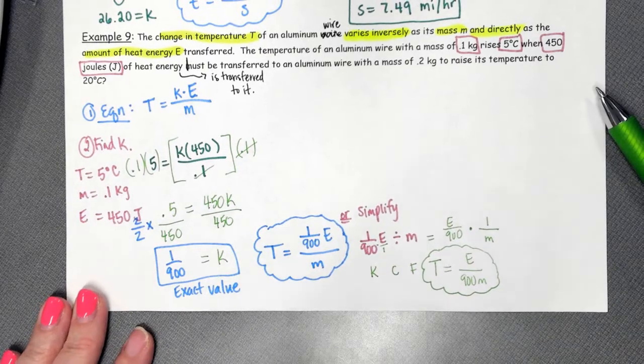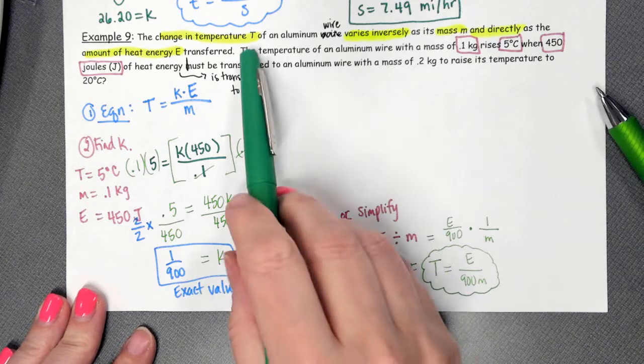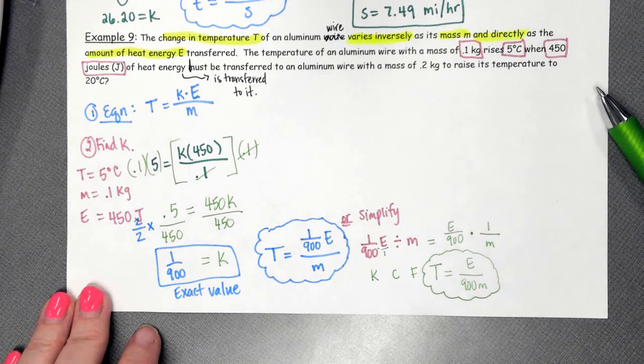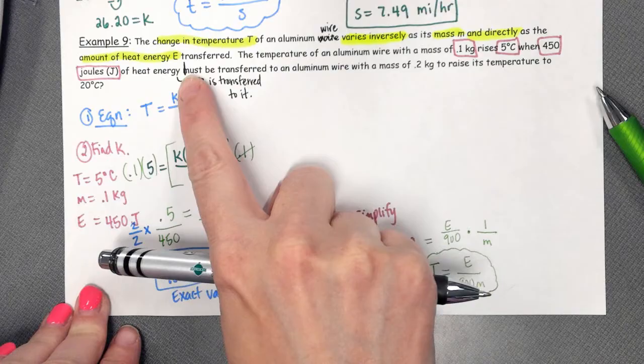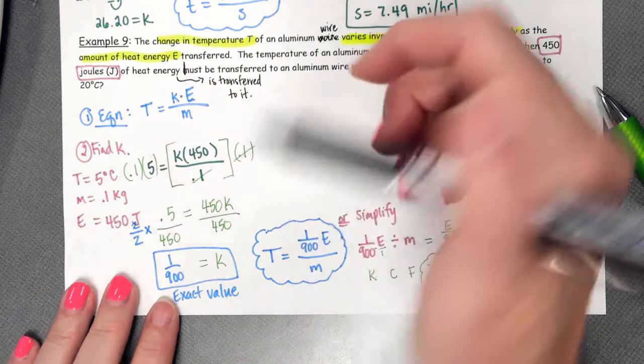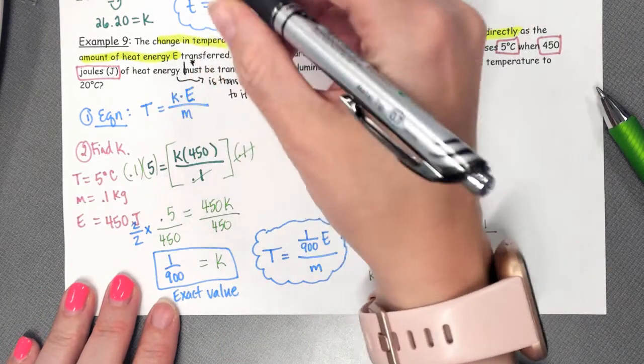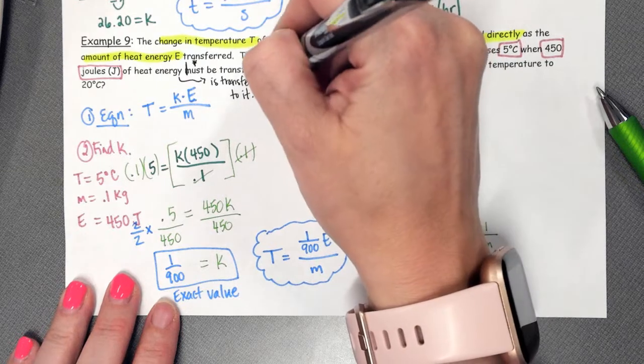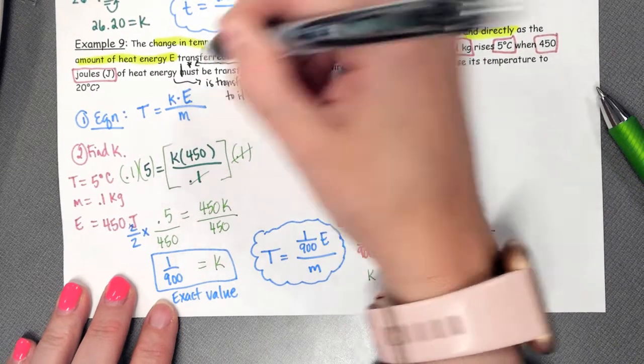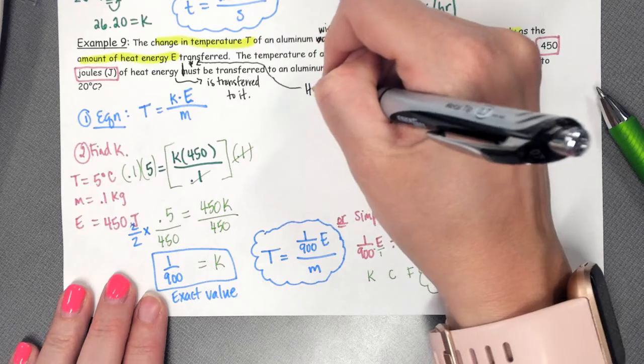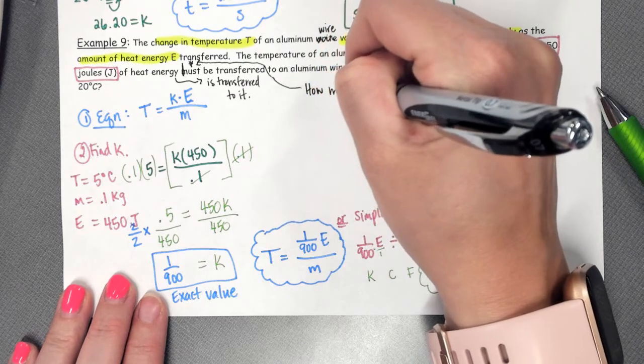Okay? All right, so I cut off the question, so we're going to have to add that part in there, okay? So the thing that says it must be transferred, what comes before that, we'll just put a little star that this is where it goes, okay? The question is, how much heat must be transferred?